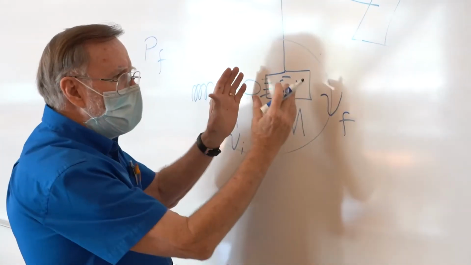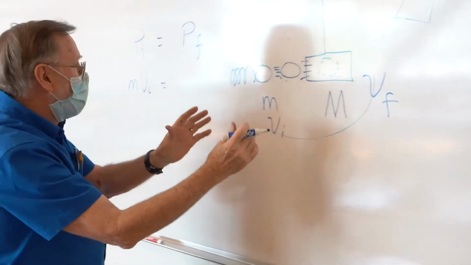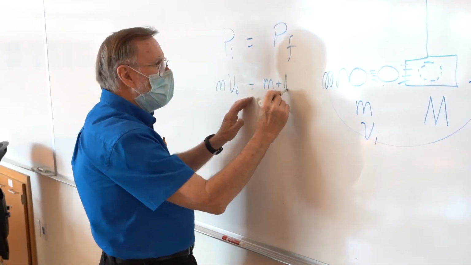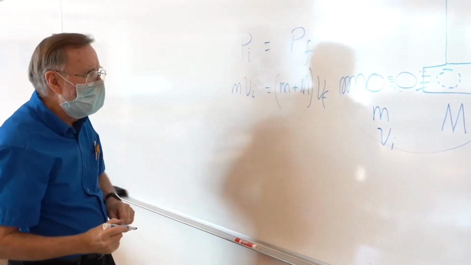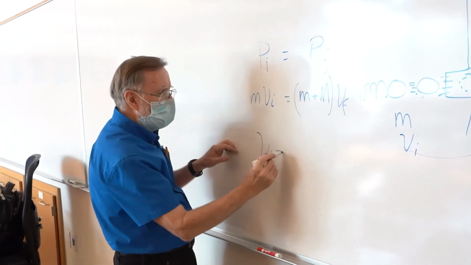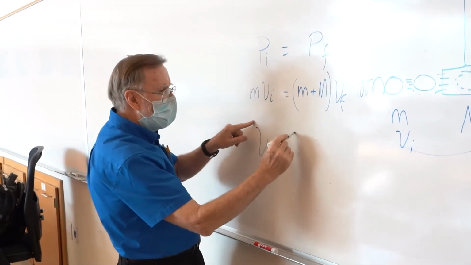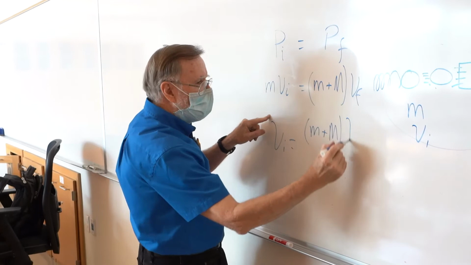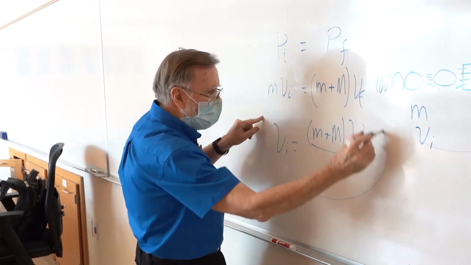So what's the momentum of the pendulum and the little ball at that final velocity? It's going to be the total mass of the ball plus the pendulum times the final velocity. Our goal is to find the initial velocity of the ball, which is how fast it's coming out of the spring gun. So solving for v_i, we have little m plus big M times final velocity divided by little m.